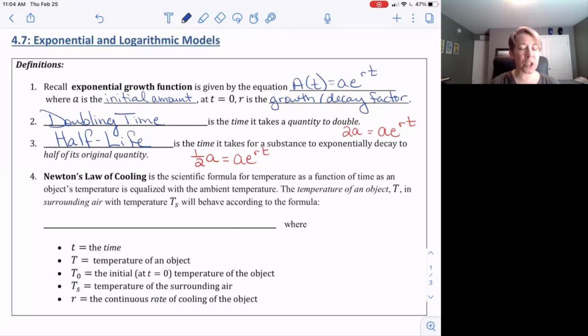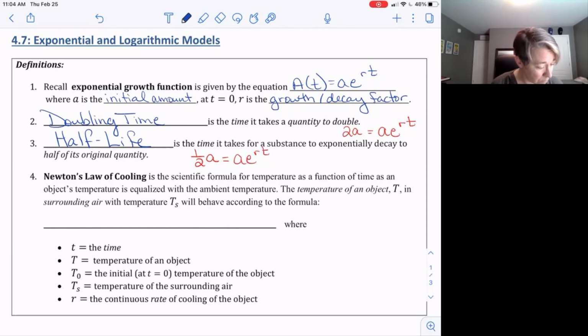The last definition is a formula for what we call Newton's law of cooling. And this is a formula that shows the relationship between an object's temperature based on the surrounding temperature, like the ambient temperature or the air around the object.